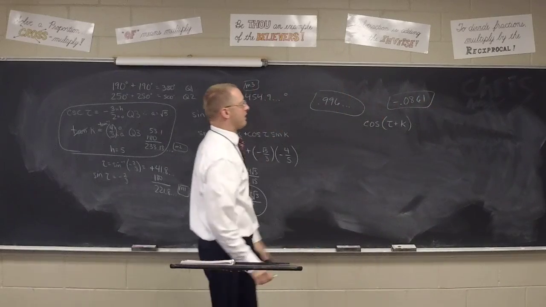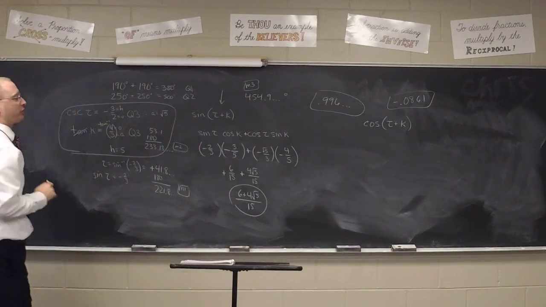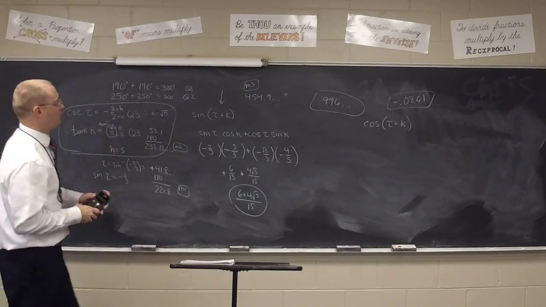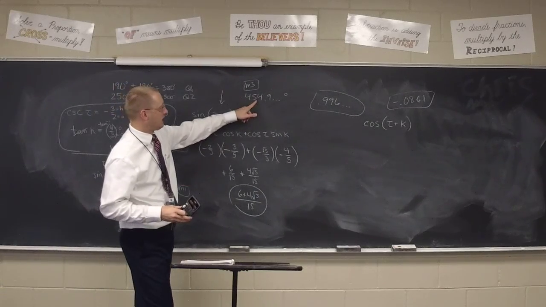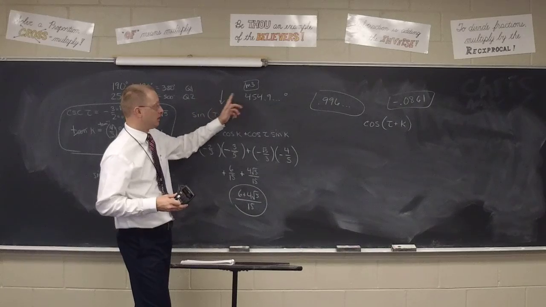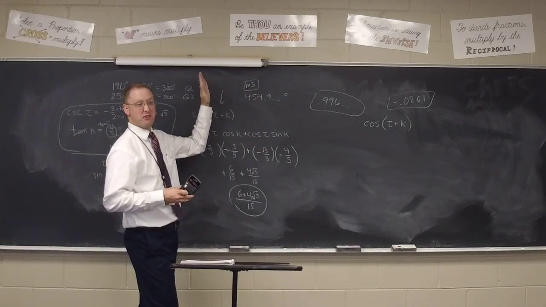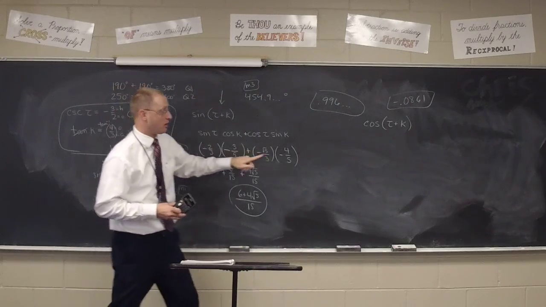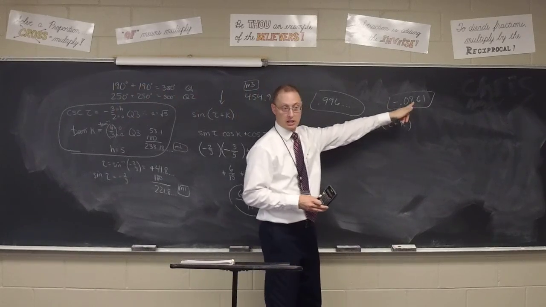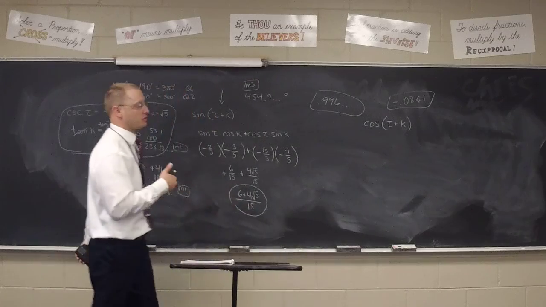I'm just going to write that number up there because that's what we should get for our answer for cosine of tau plus kappa. We can tell this angle is slightly into the second quadrant, because 454 is just barely making it into that second quadrant, which is why cosine came out slightly negative, because cosine is negative in the second quadrant.